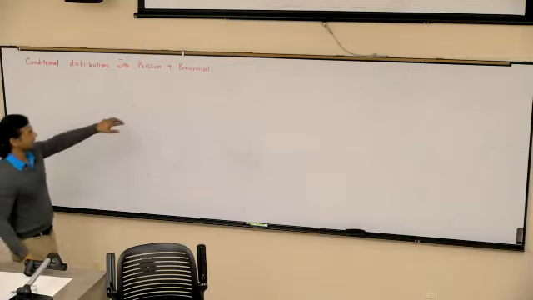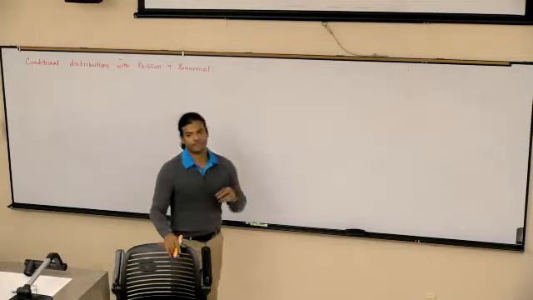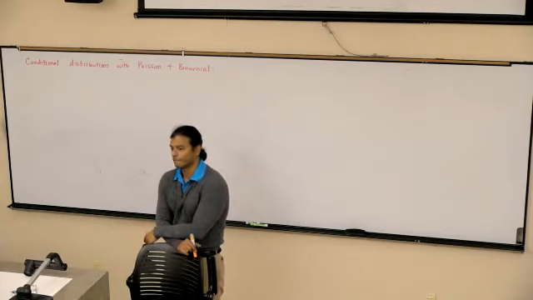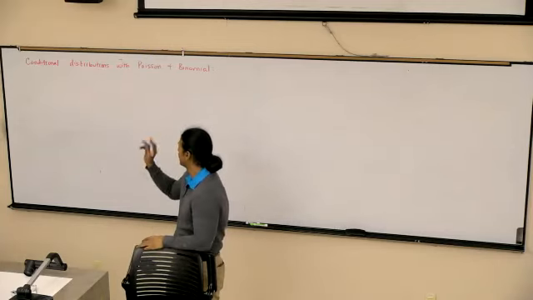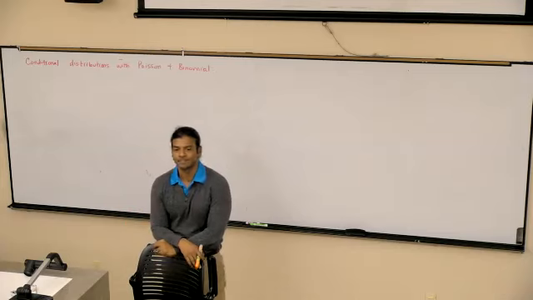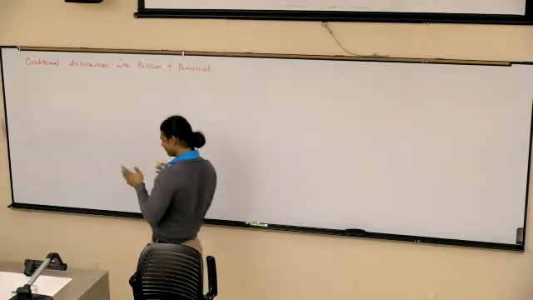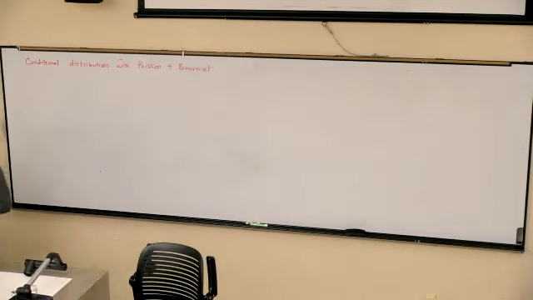Support of Poisson? 0 to infinity. And what are the things that we need for a binomial? N and P. And what do we need for Poisson? Lambda.